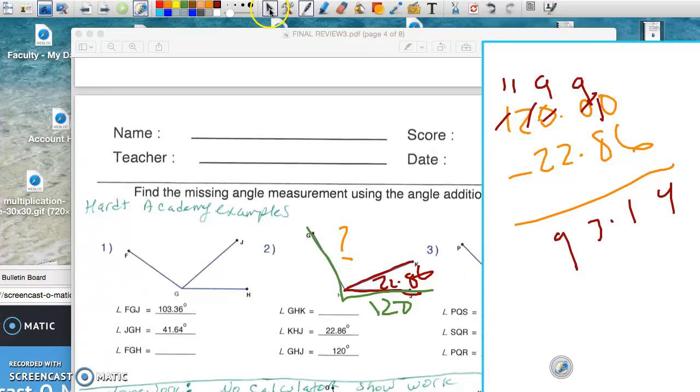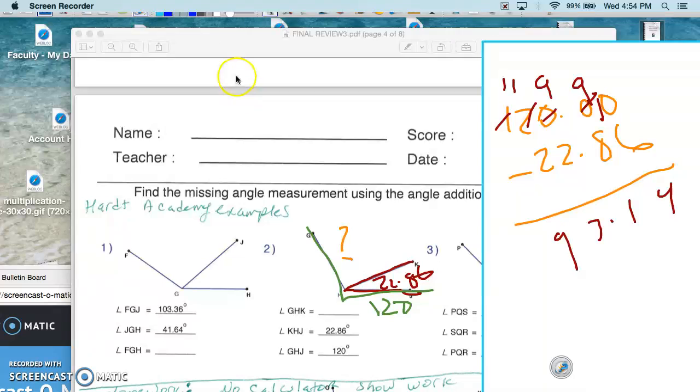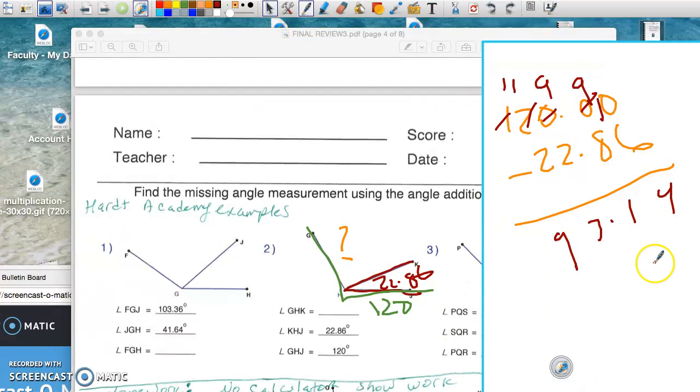Okay, and so let's put that answer here. Is that 97? Yep. 97.14.